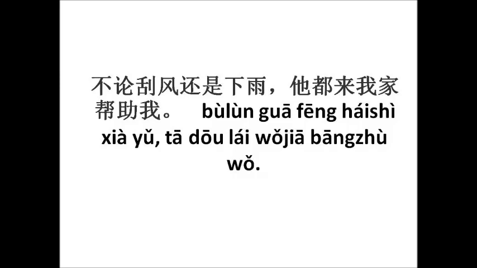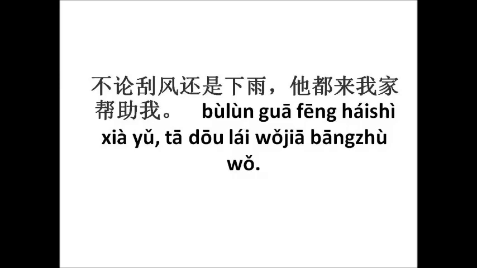Ta dou lai wo jia bang mang. No matter whether it rains or there is a storm, he would always come to my home to help. So here bulun, no matter, has been used with the conjunction dou.